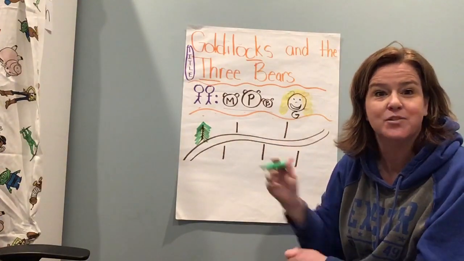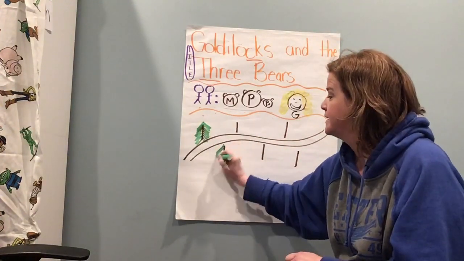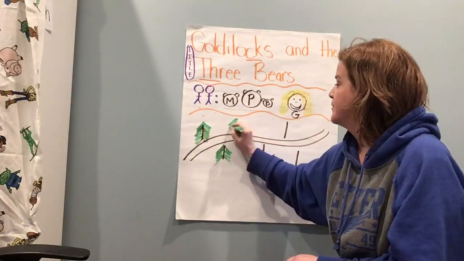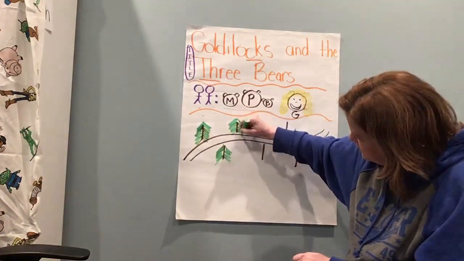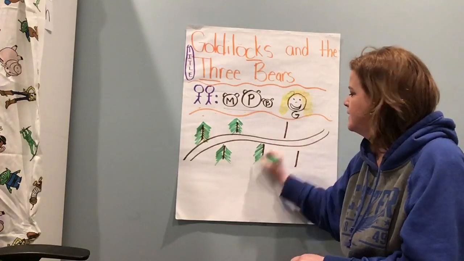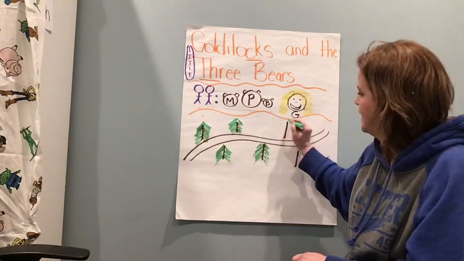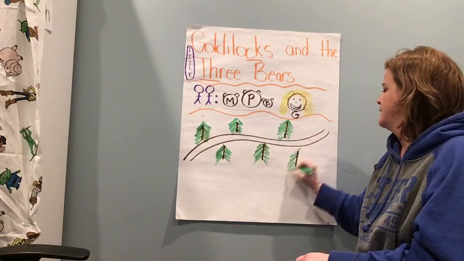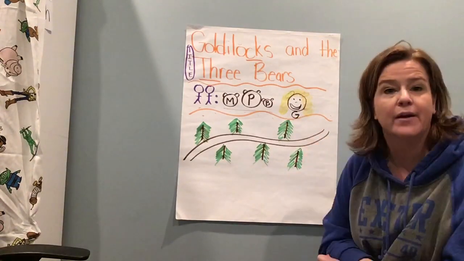All of a sudden it's a tree. So I'm going to just do lines going out, lines going out, tree. Do another one, and another one, and another one, one more. Now I have a forest.